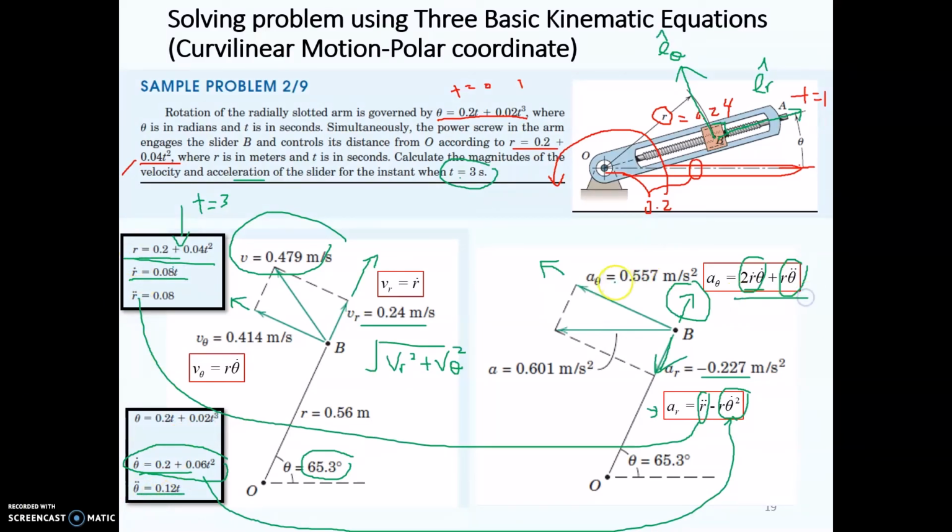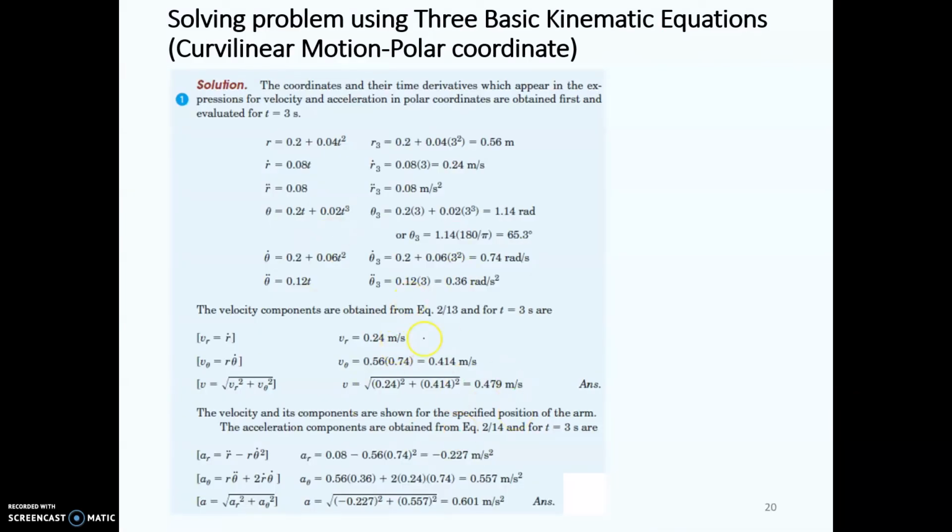After calculation, you should obtain the transverse acceleration to be this answer. And then to find the resultant acceleration, you take the square root of the transverse acceleration square plus the radial acceleration square. So with that, you should obtain this magnitude. You can refer to this for the detailed calculation.